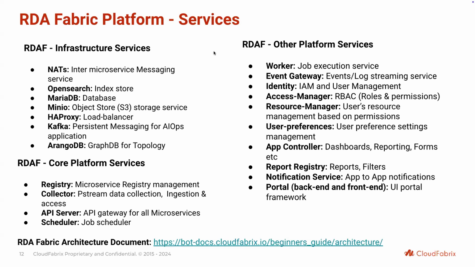And then we have MinIO. It is an S3 compatible object storage service. It provides a very rich API interface, a programmatic interface at an atomic operation level when it comes to file management, being distributed in a cloud-native application architecture such as RDAF.